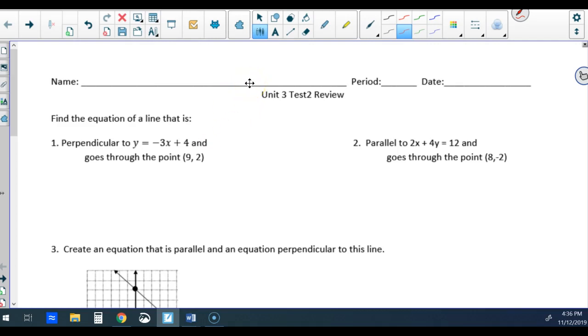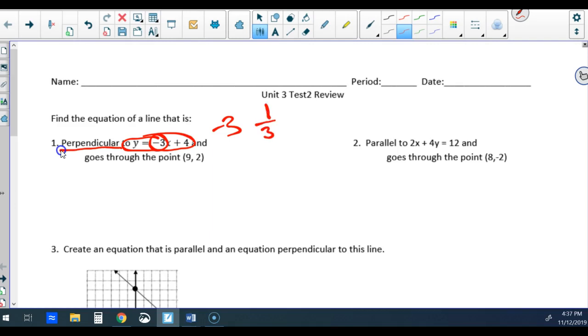We're finding the equation that is perpendicular to y equals negative 3x plus 4. I know perpendicular, according to my orange notebook, means opposite reciprocal slope. My slope here is negative 3. Opposite reciprocal of that would be a positive 1/3.